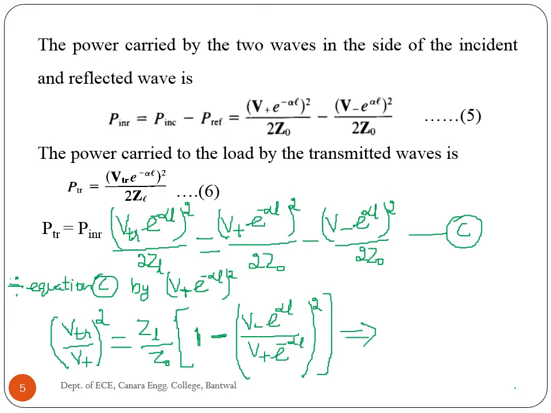As we know, VTR divided by V plus is the transmission coefficient, which we have seen in the previous slide.